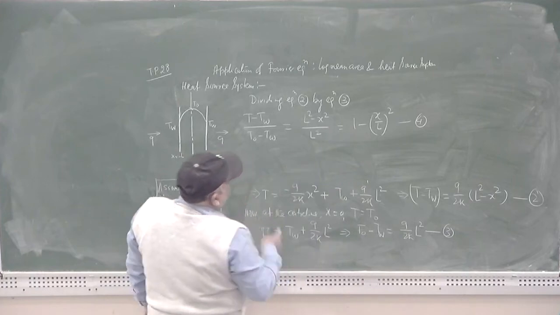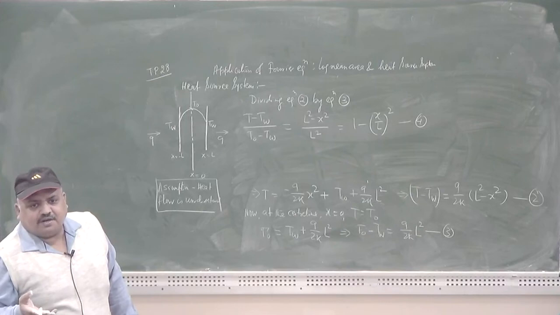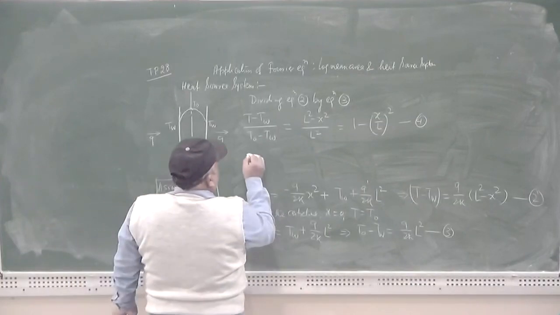In order to convert this dimensional equation into a non-dimensional or dimensionless equation, you have to only transpose the sides.